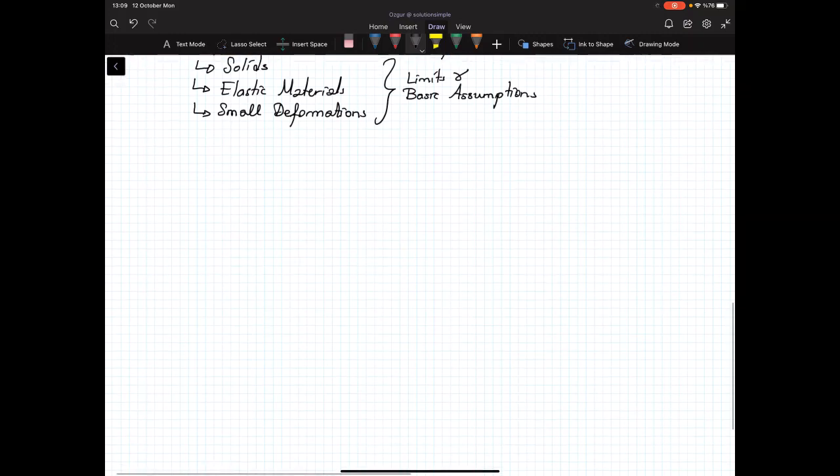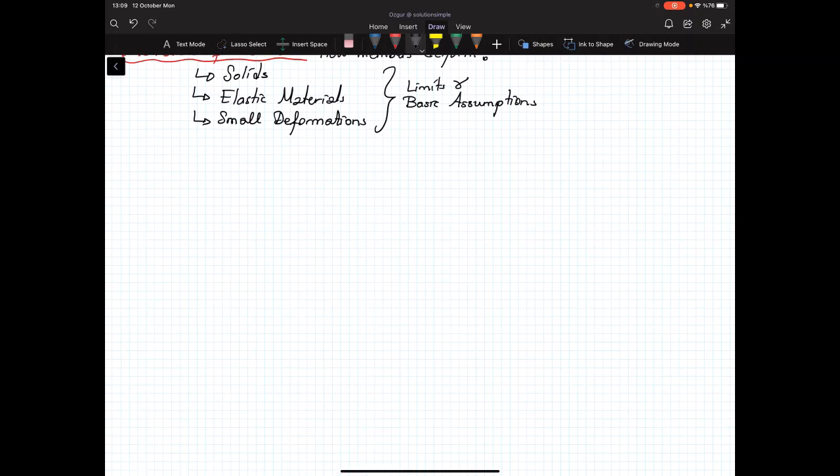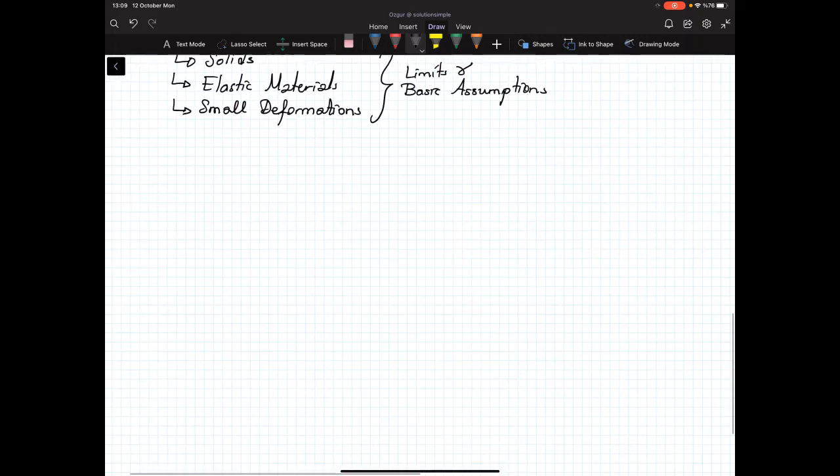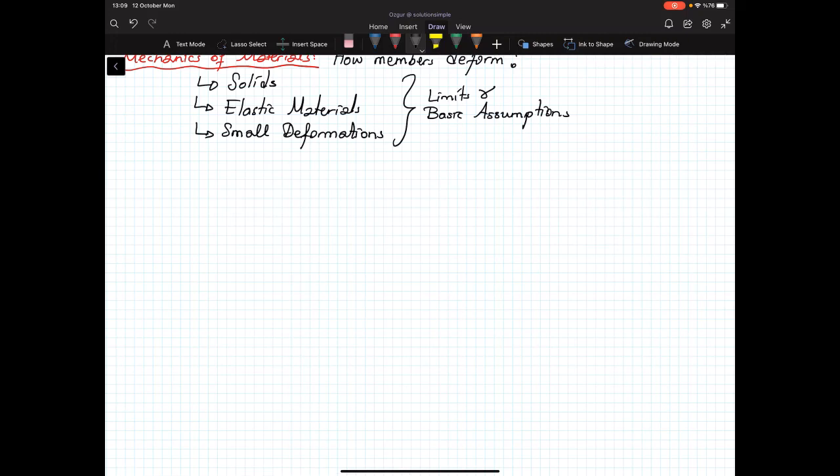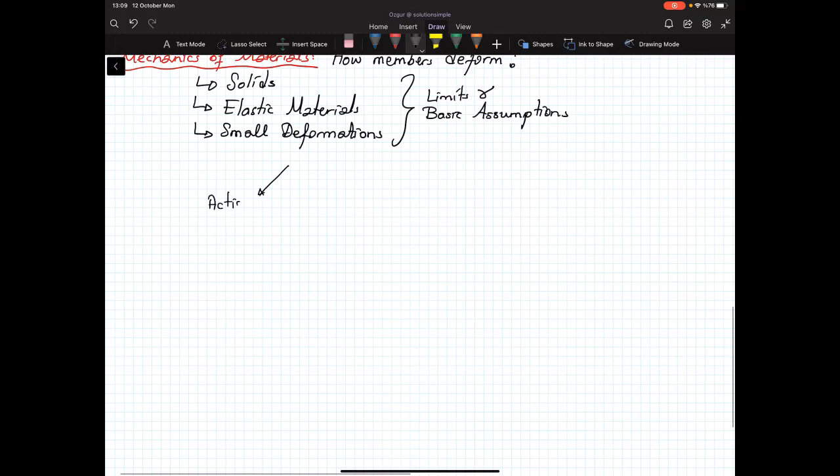Now, we separate the behavior of a structure as actions, and we have the effects. So that's the main simplification we have.